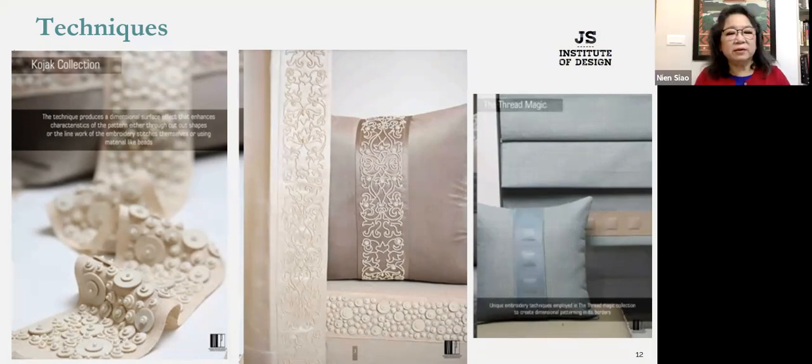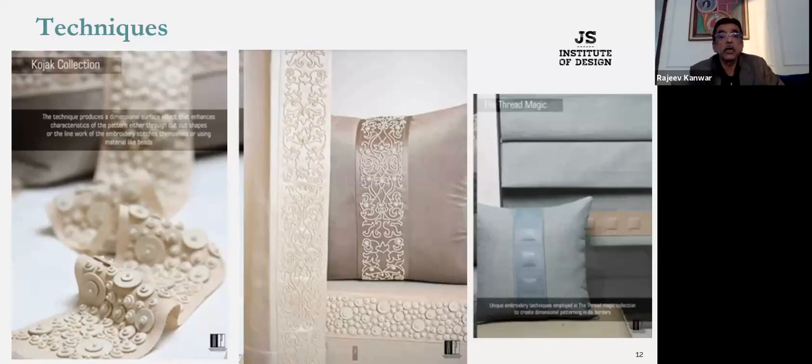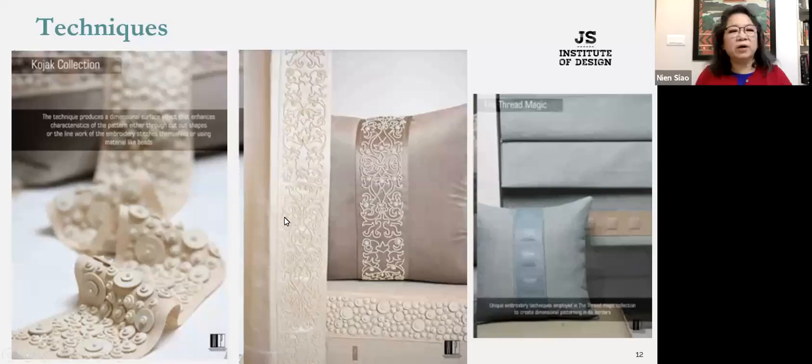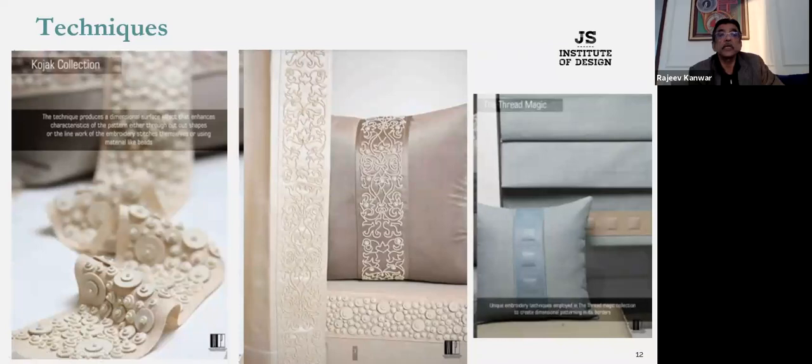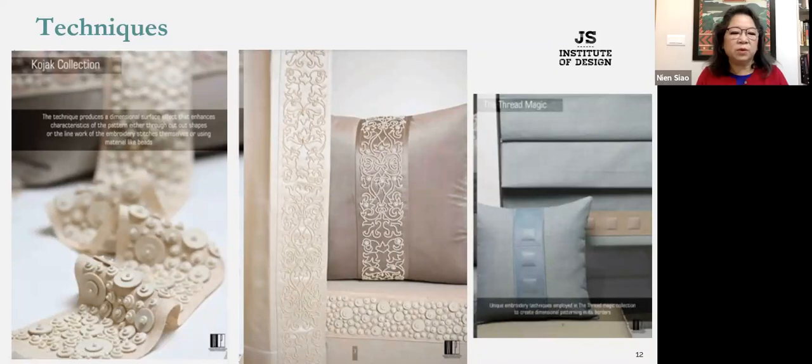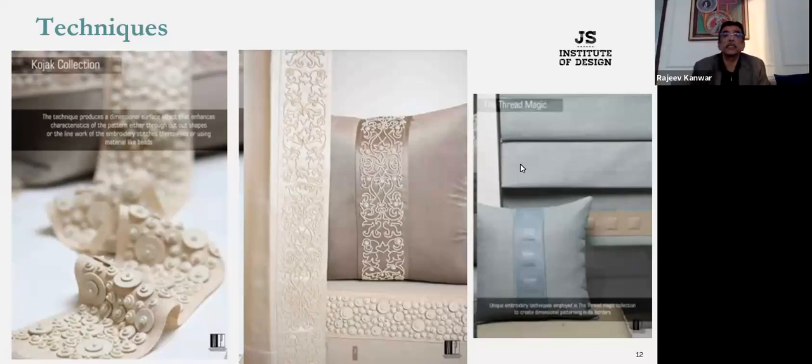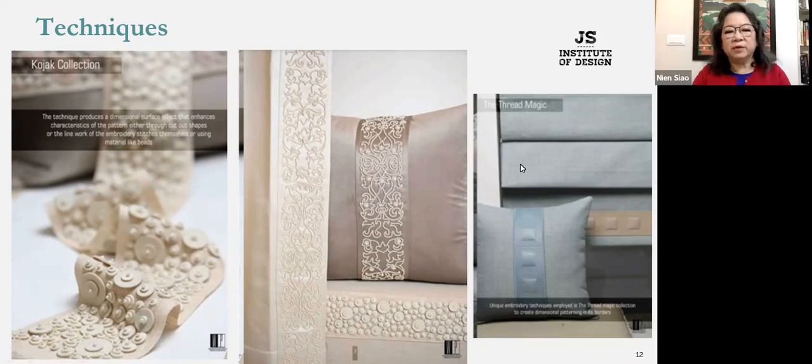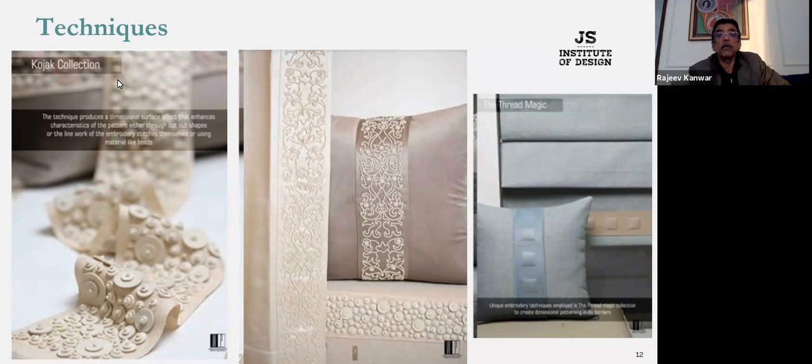So what are these trims? I can't see anything. I've just got the JS Institute of Design webinar feedback form. Maybe there is some interruption in your internet. I can't manage to get out of the form.